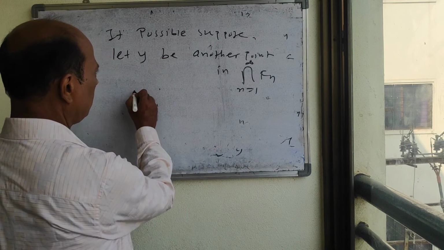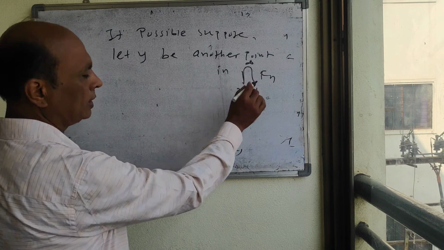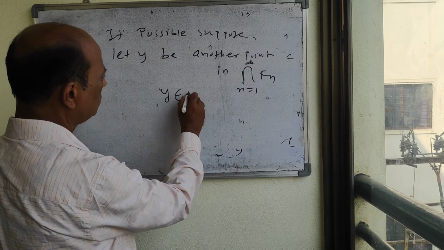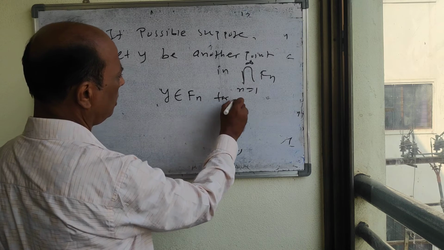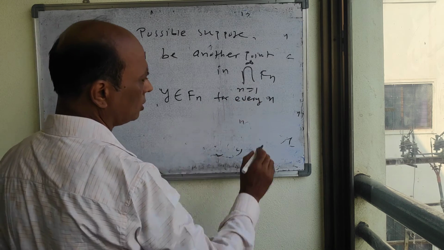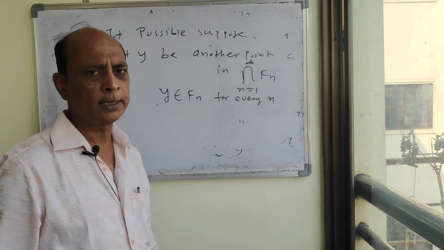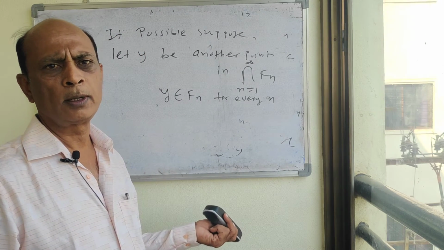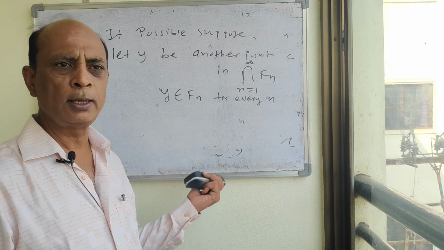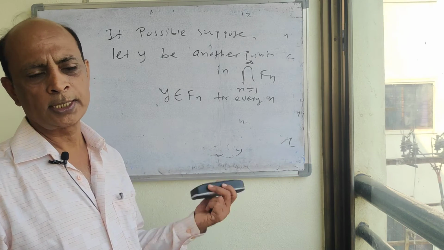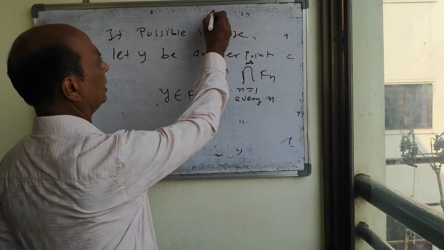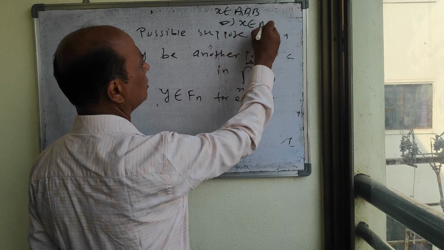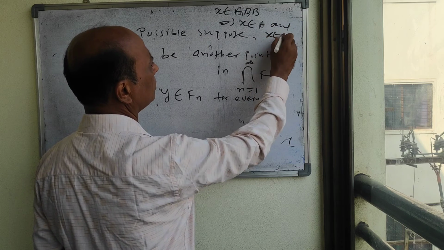Then what will happen? As y belongs to the intersection of Fn, it means y must belong to Fn for every n, because we know from set theory that if x belongs to the intersection of a and b, then x belongs to a and x belongs to b.